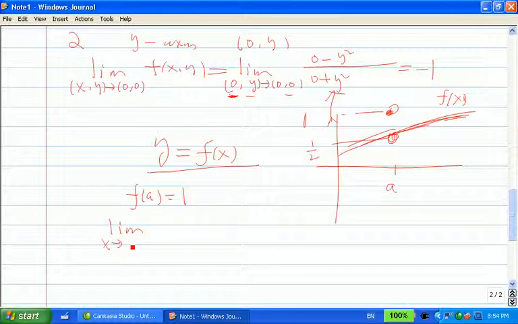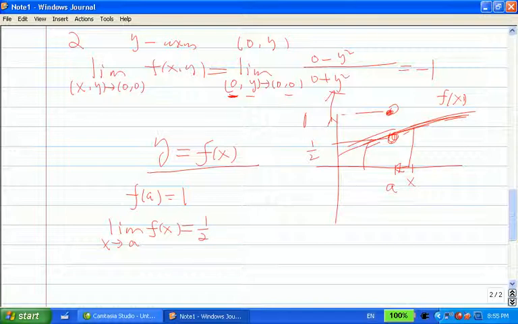What do you think about the limit as x goes to a? Does it exist or not? In fact, this limit exists. Pick x, you got f(x). Pick another one, you got f(x). As x goes to a, your f(x) goes to 1/2, from the right and the same from the left. So the limit exists and equals 1/2.